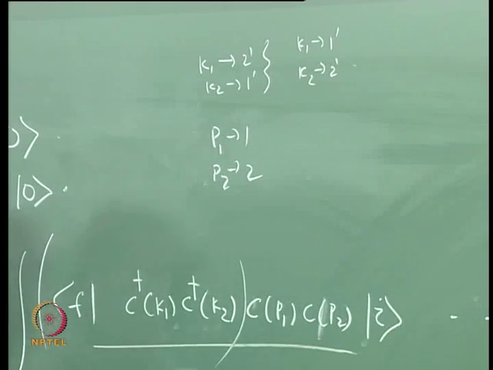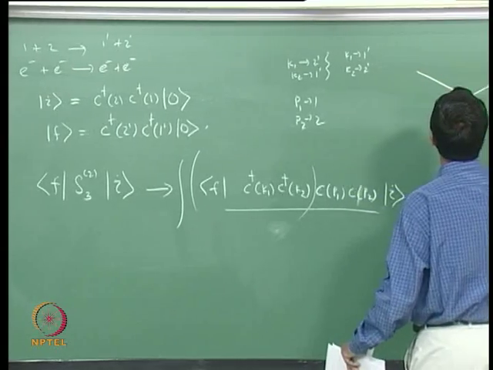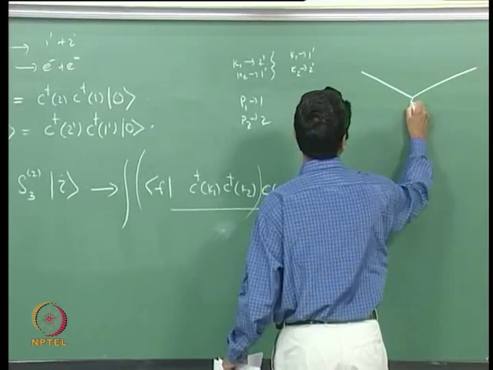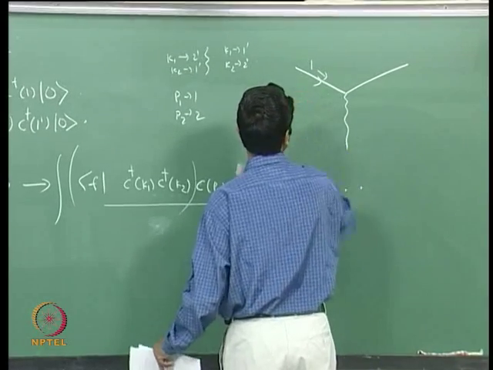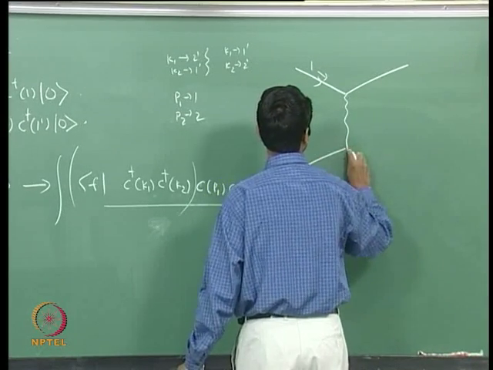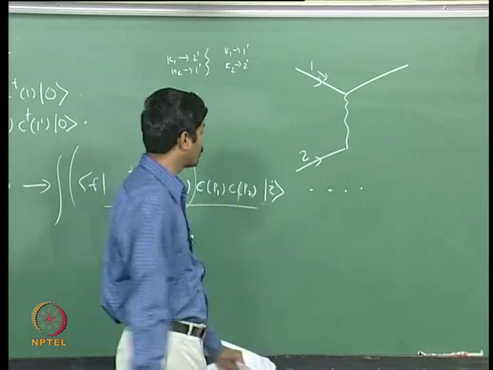So correspondingly you have 2 diagrams here. There is an incoming electron which I will call 1, and this incoming electron which I will denote as 2.